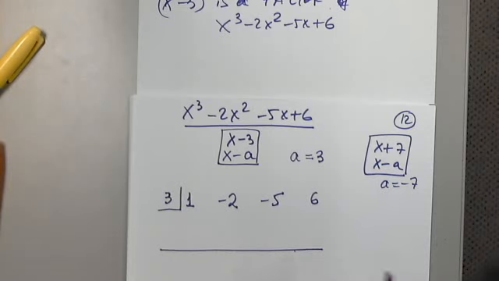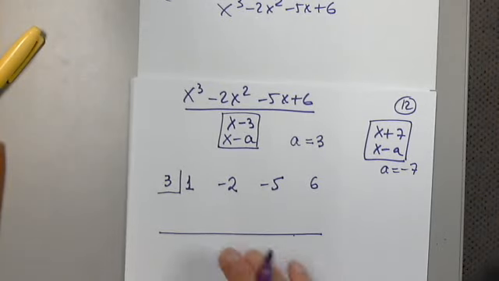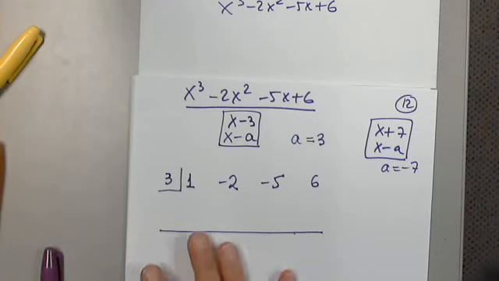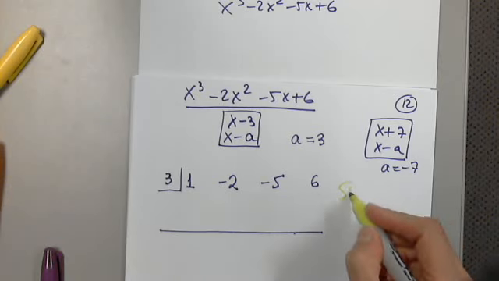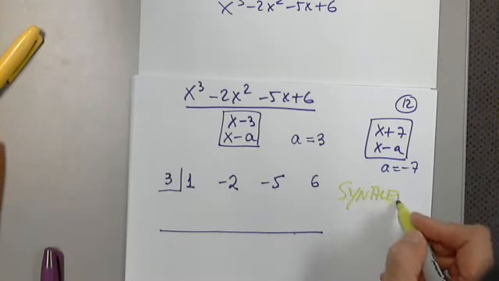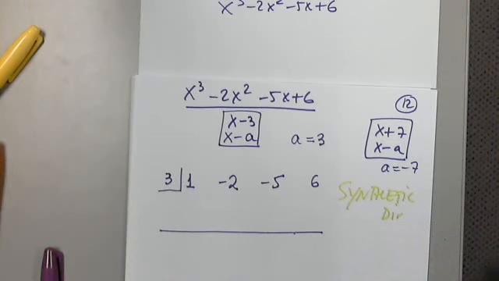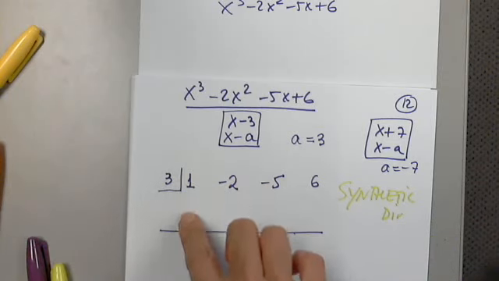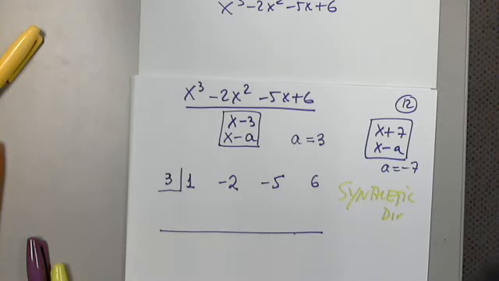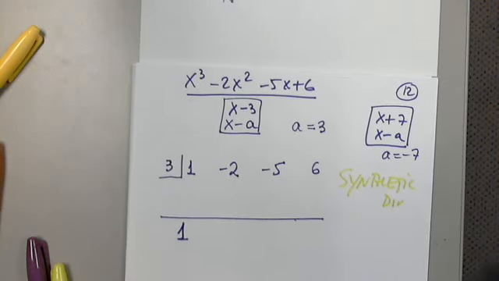A horizontal line, leave some room. When we apply synthetic division, the first step is we have to copy the leading coefficient.